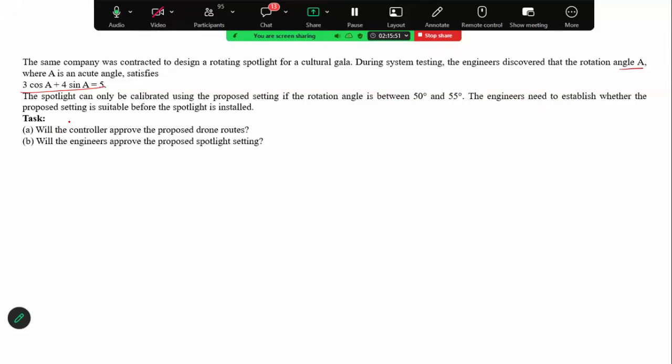for the spotlighting installed. Now, like I've told you already, the moment you are dealing with cos and sine, and you find out that the angles are the same, that is the first thing you have to identify.